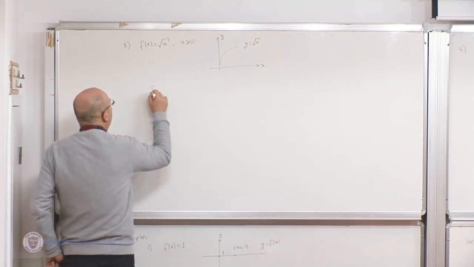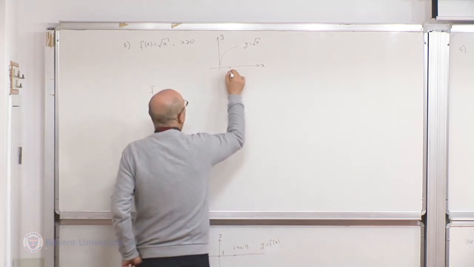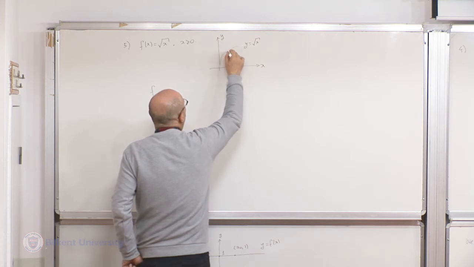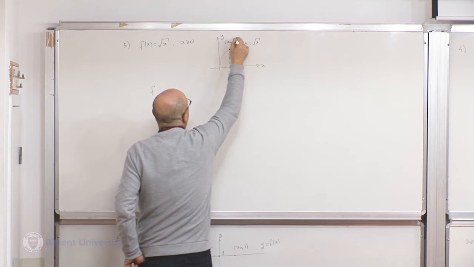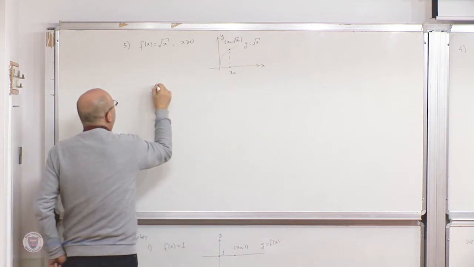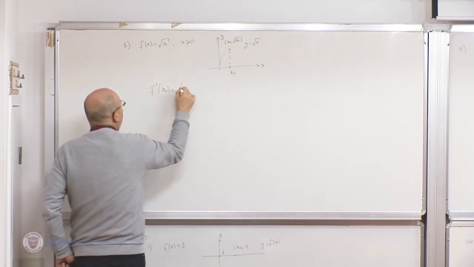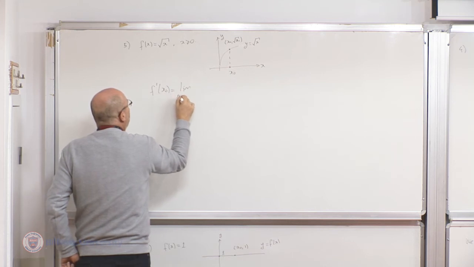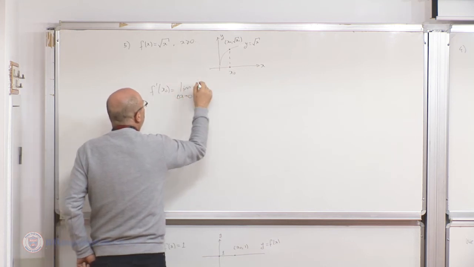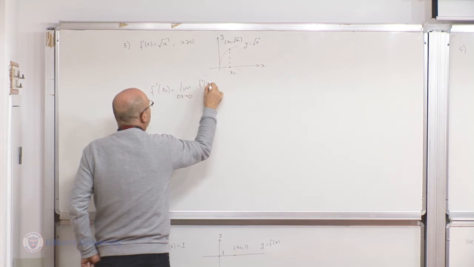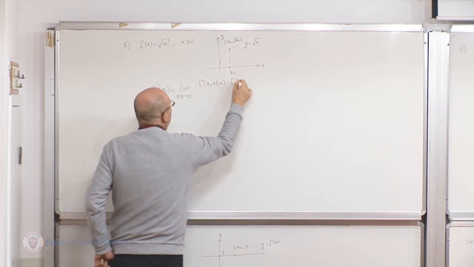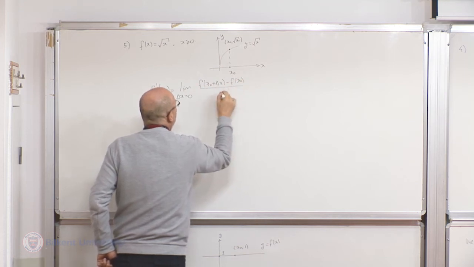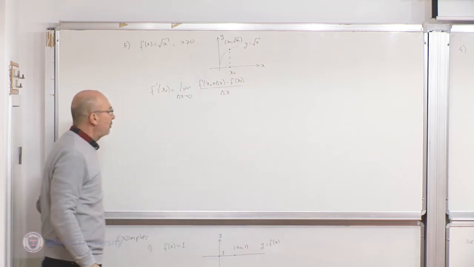So again, let's take an arbitrary point x sub 0. So this is the point x sub 0, square root of x sub 0. F prime at x sub 0 should be given by this limit operation if the limit exists: f of x sub 0 plus delta x minus f of x sub 0, divided by delta x.